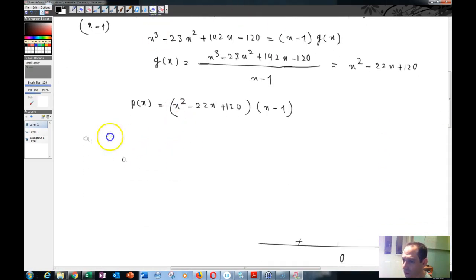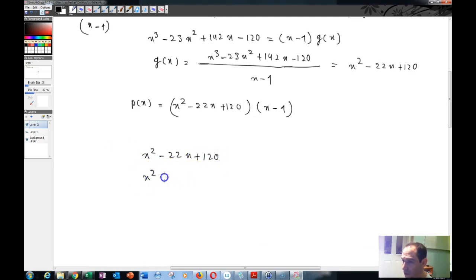Then I come down here and write this as, so let's see. So x squared minus 22x plus 120, I write it as x squared, 10 and 12 it was, right? Negative 10x, negative 12x, negative 22x plus 120.